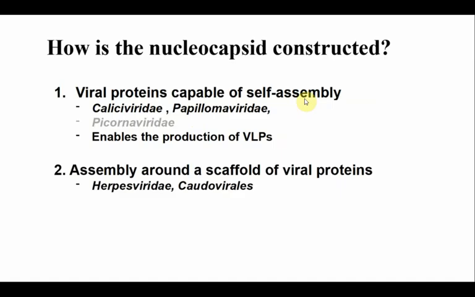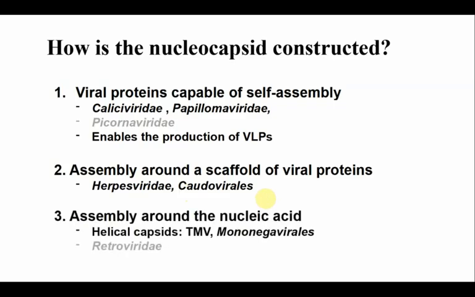Now, some capsids don't associate spontaneously. So herpes viruses, they construct their capsids in two steps. First, around a scaffold, and then the scaffold protein is degraded to leave an empty capsid, which is then filled. And then other viruses will add capsid subunits around the nucleic acid.